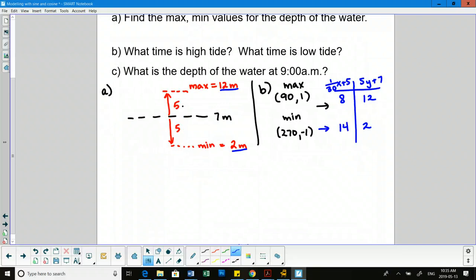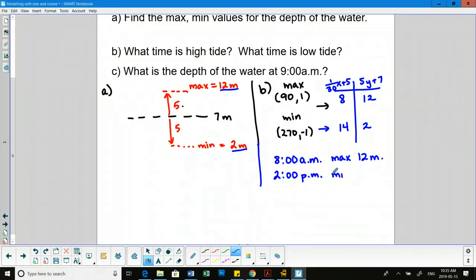So what is 8 hours after midnight? 8 a.m., very good. And 14 hours after midnight: 12 hours after midnight we know is 12 p.m., 13 hours after midnight is 1 p.m., and 14 is 2 p.m. So this is 8 a.m., which has a max of 12 meters, the max tide height, and 2 p.m.